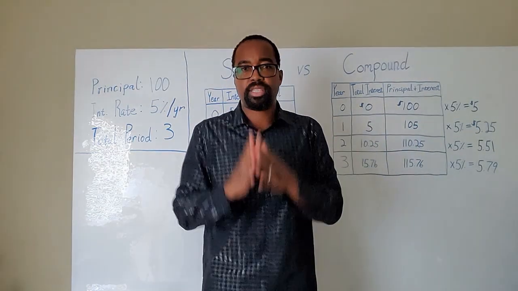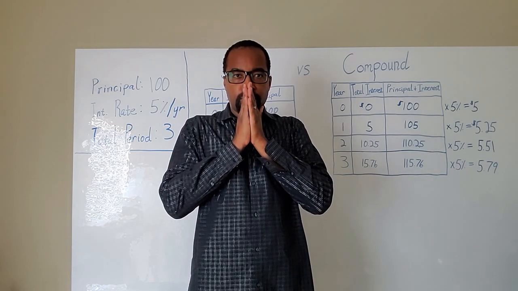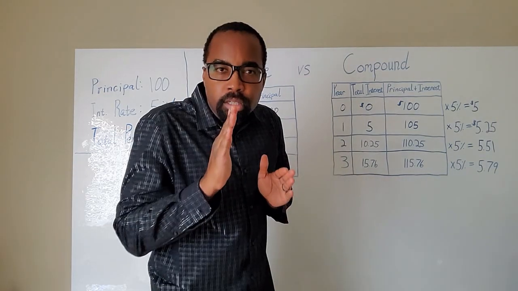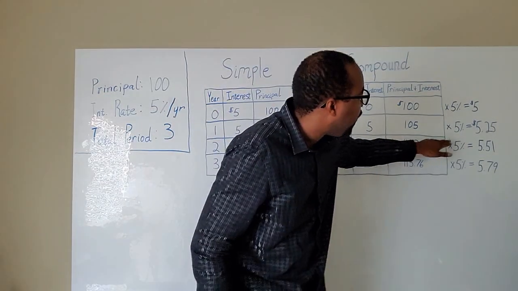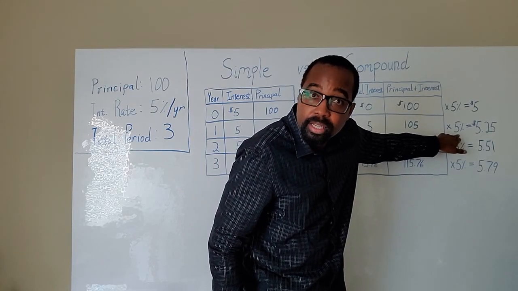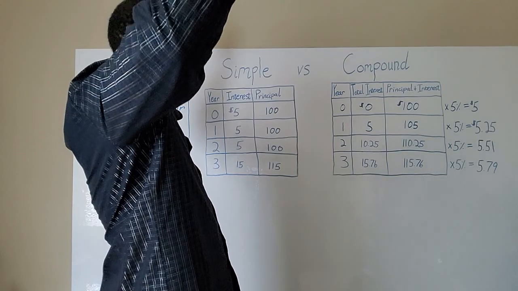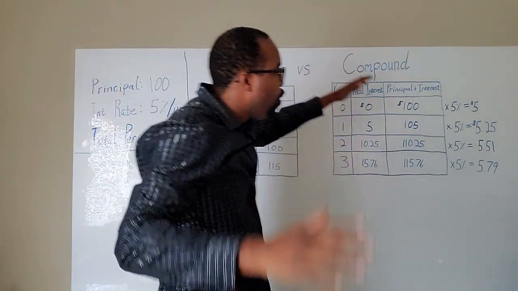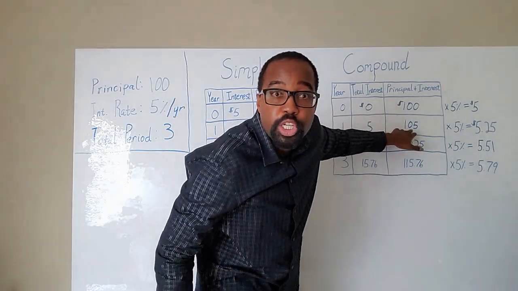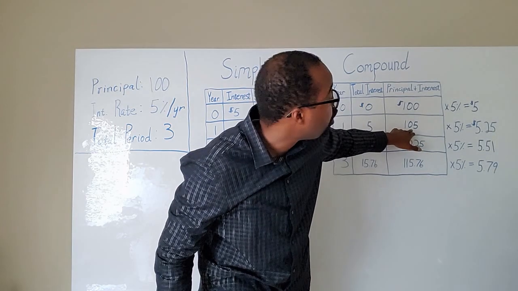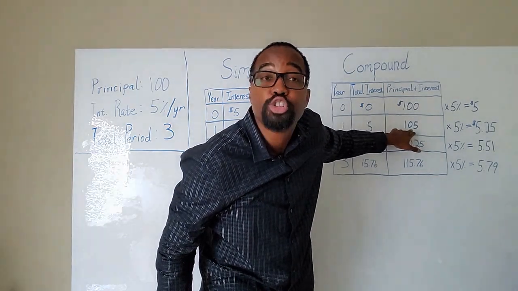What do we have to do next? That's right. We got to multiply it by 5%. But what are we multiplying by 5%? Wait a minute. Wait just a minute. What are we multiplying by 5%? We're multiplying the new answer, the new solution, which is $105.